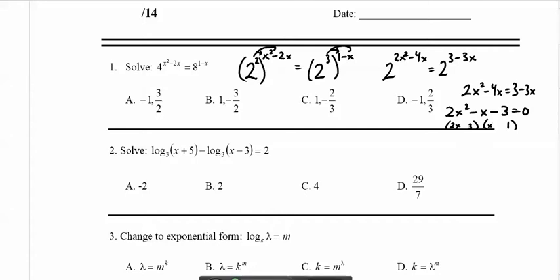And I want my middle term to be negative, so the larger of those two has to be negative. So there's two possible answers. x is negative 1, or x is 3 over 2.